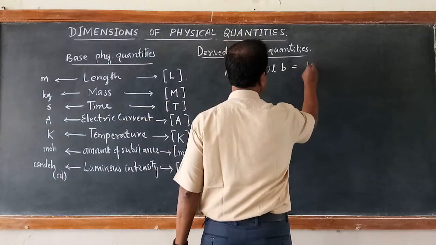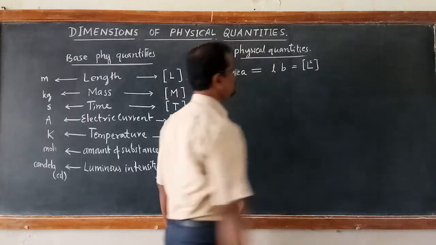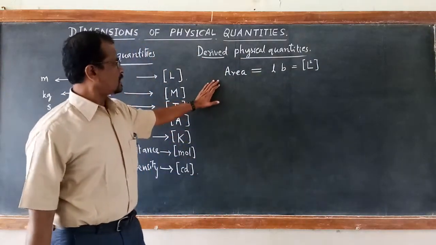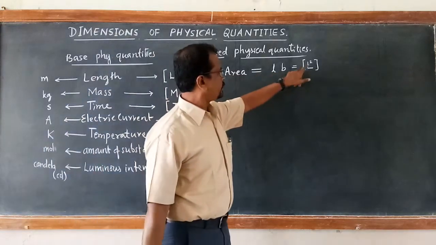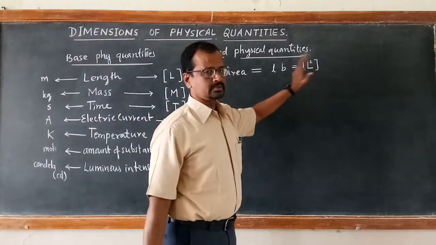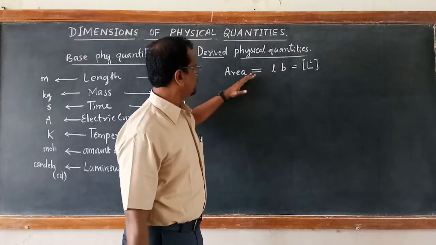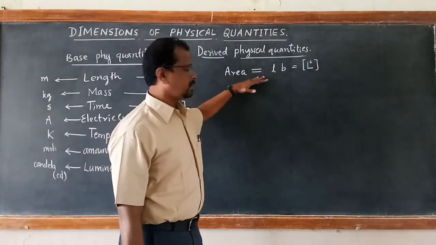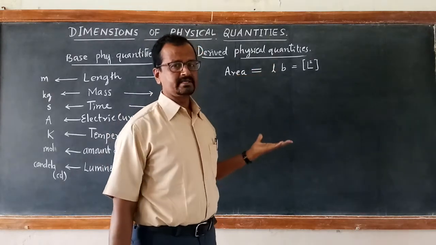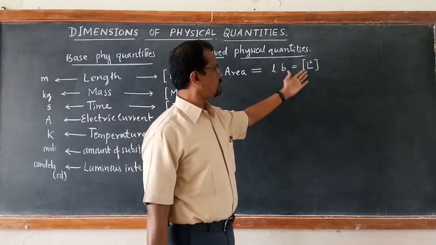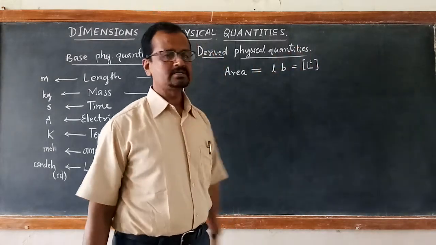So I will write it as dimension of L square. This is how we write dimensions of a physical quantity. L square, the square bracket is a must, and L should be capital L. Whether it is area of a rectangle, a square, a circle, or any surface area, it has a dimension of square of L. Meter square is expressed in meter square.